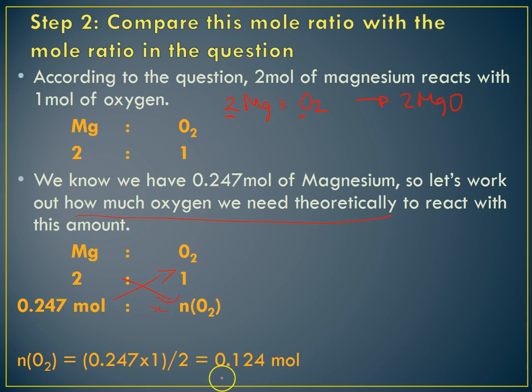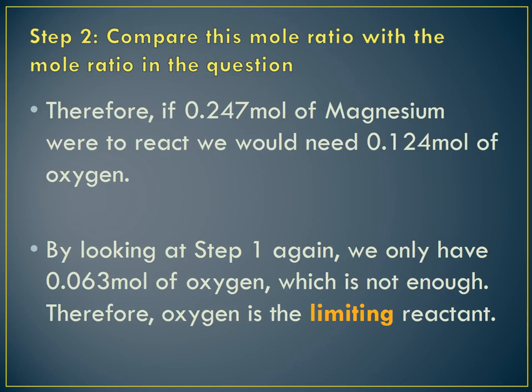If we divide that by 2, we will get the fact that we require 0.124 mole of oxygen. So what we're working out is the O2 required to react with the amount of magnesium that we had. If 0.247 mole of magnesium were to react, it would need 0.124 mole of oxygen.